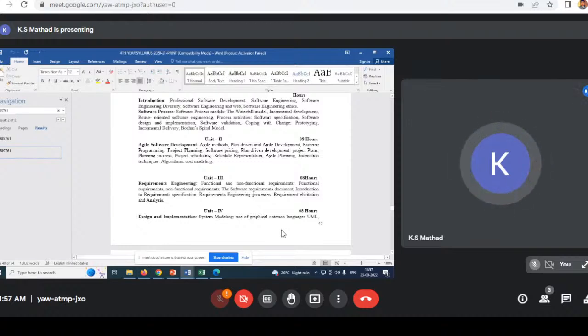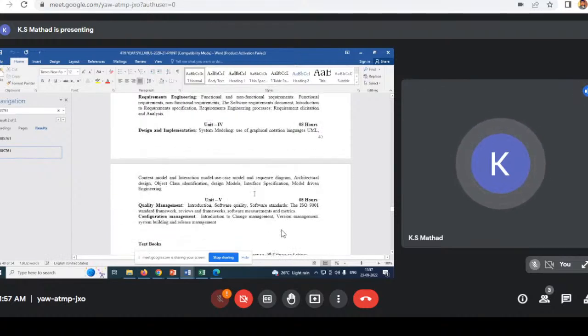Okay, so the next one is design and implementation. That is unit 4. Here we will be dealing with the UML diagrams, that is the use case model, the sequence diagram. Okay, for example, what is a use case model? It deals with the system and all the actors which are involved in the system.